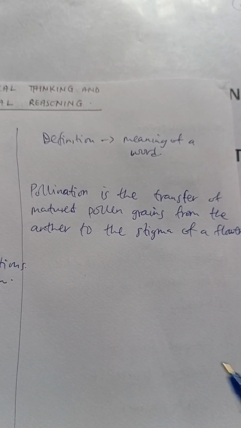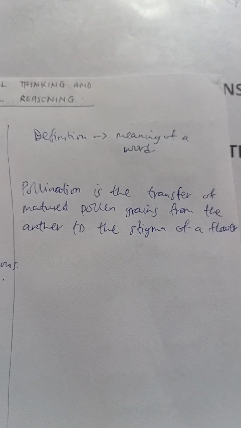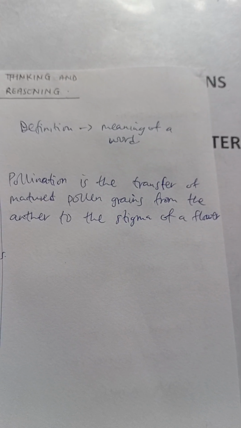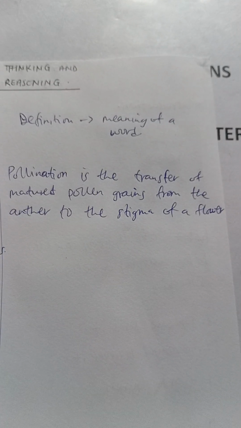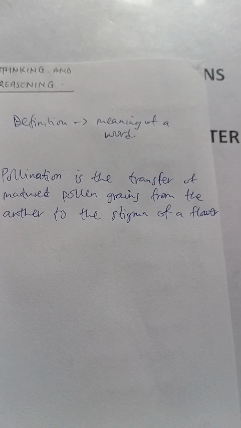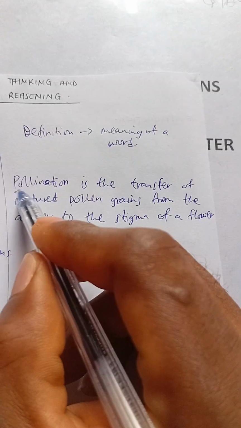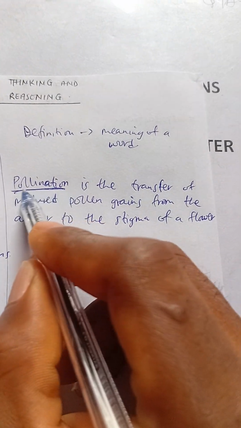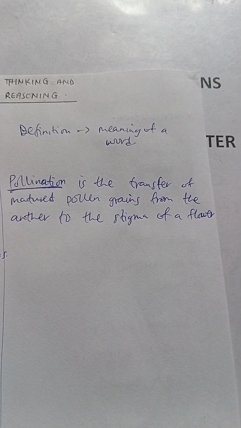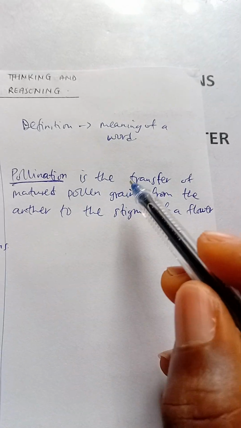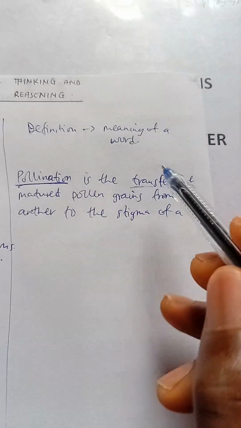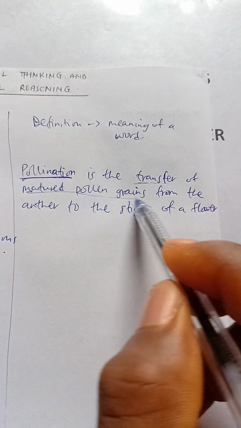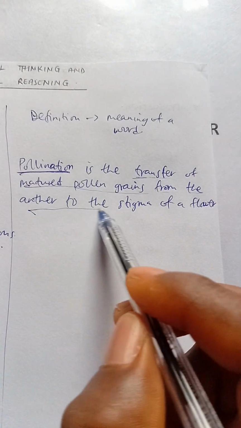And as you can see, we are defining something. We are defining pollination. So what are we defining? We are defining a term called pollination. So this pollination is a part of the definition. Now the other component we are seeing here forms another part.